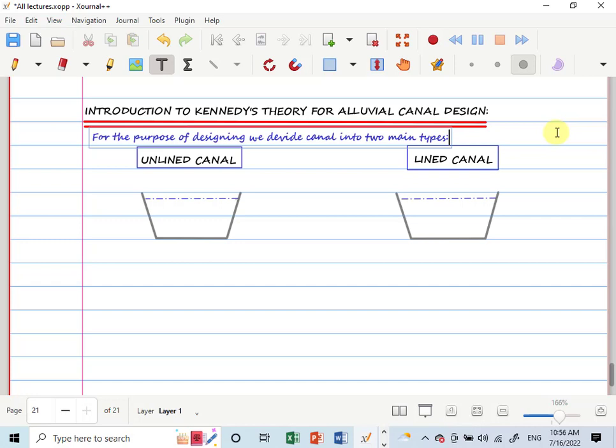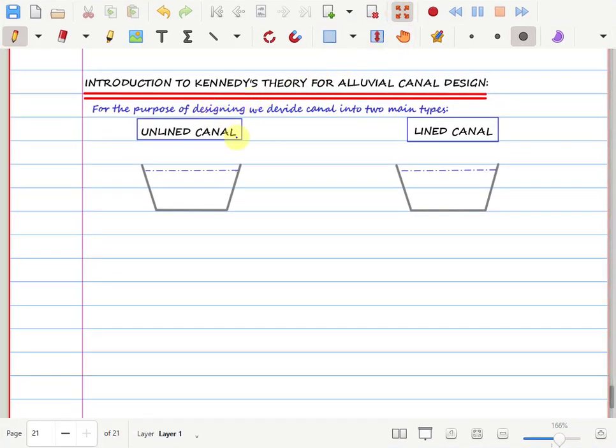Every time whenever we design a canal, we will design it based on either it is an unlined canal or a lined canal, right?